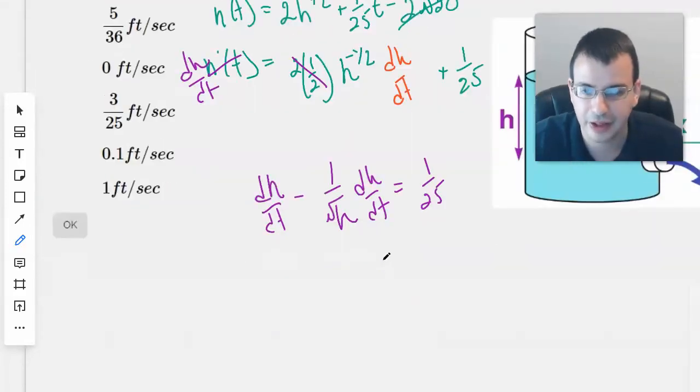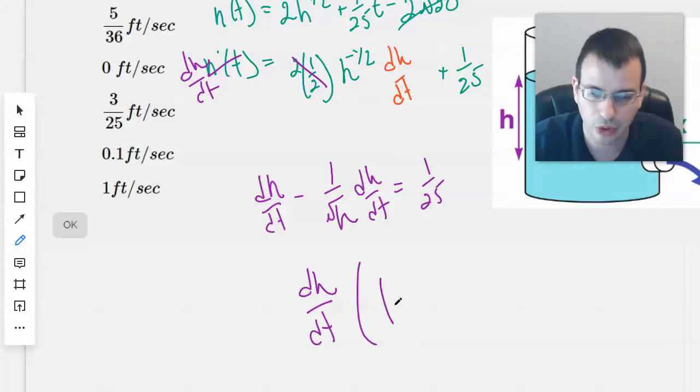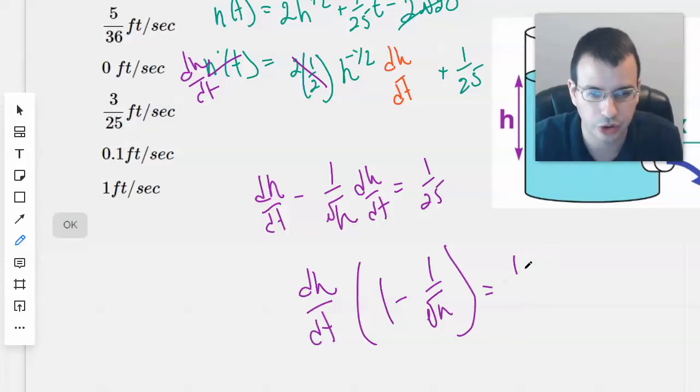Okay? Factor out a dh dt. We have 1 minus 1 over square root of h equals 1 over 25.